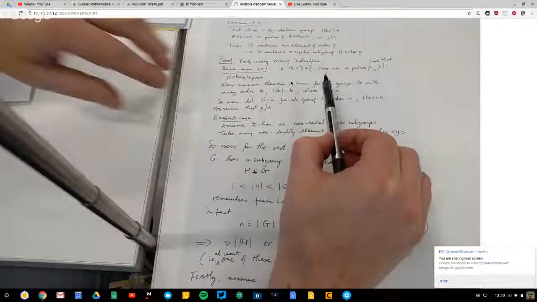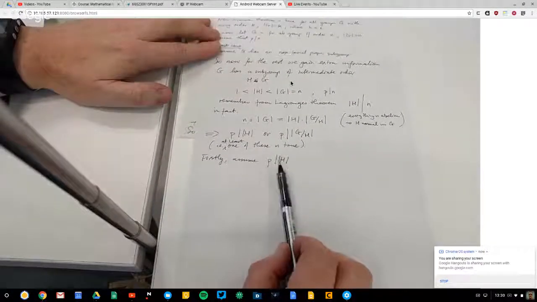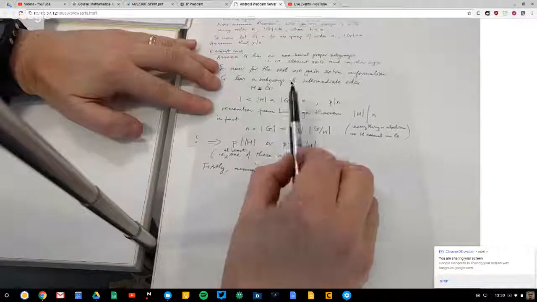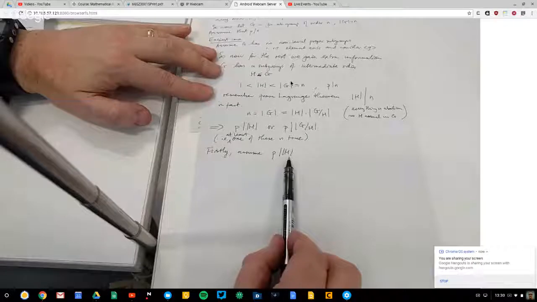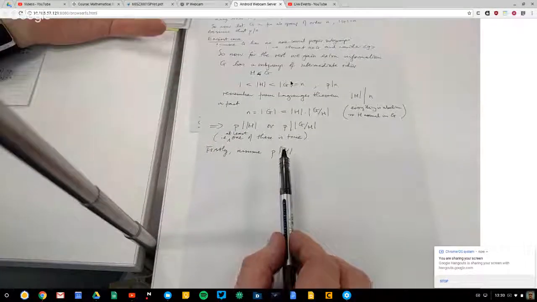Well, we're encountering the ability to use that assumption now. Because H is a smaller group, and here's a prime number dividing it. So we can just immediately use the induction assumption.